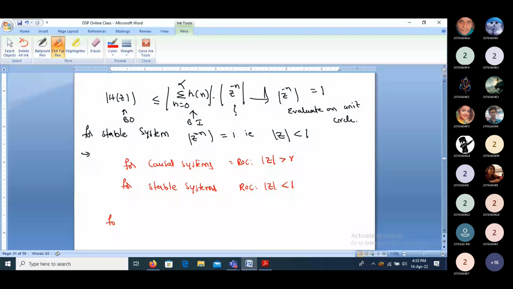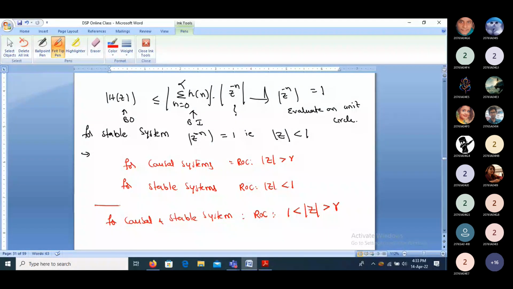So for a causal and stable system, what about the ROC? Here mod z is greater than R, with R equal to 1.